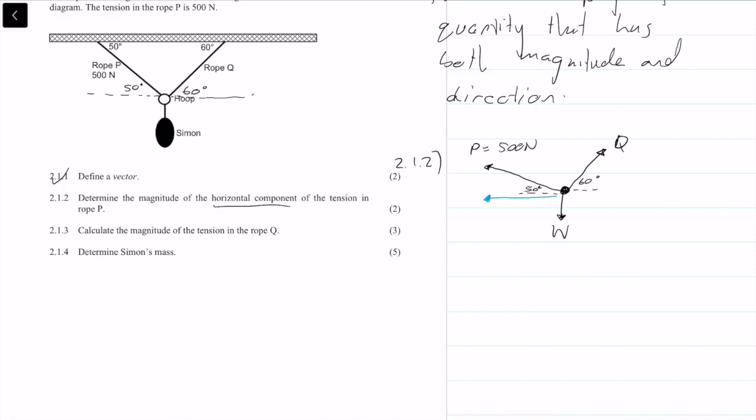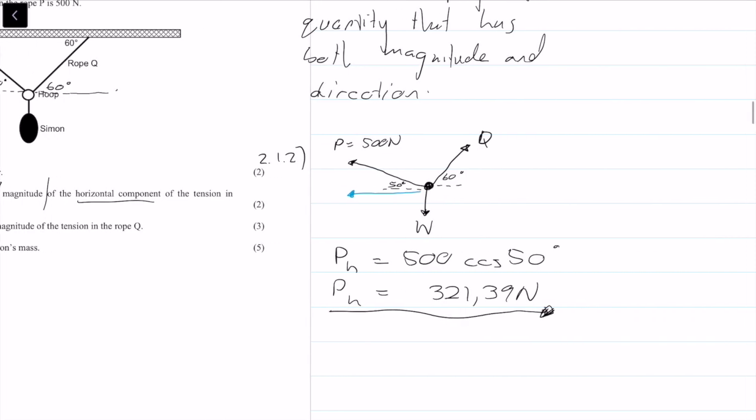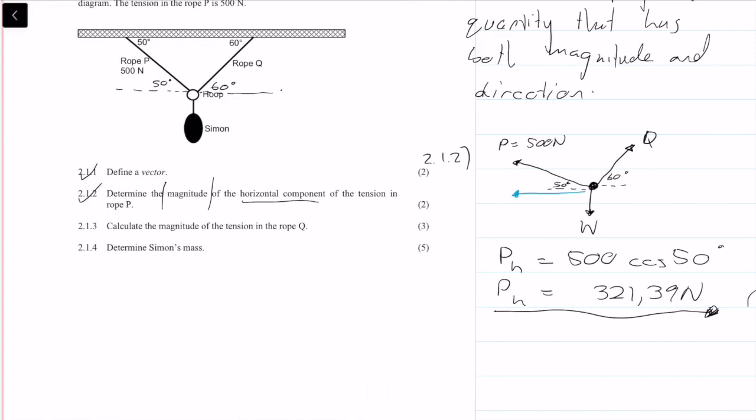So P horizontal is equal to 500, and the horizontal component would be cos of 50 degrees. If we plug that into a calculator, we get P horizontal is equal to 321.39 newtons. Because it asks for magnitude, that would be the final answer. If we wanted a direction, that would be left. We get 2 marks for that.